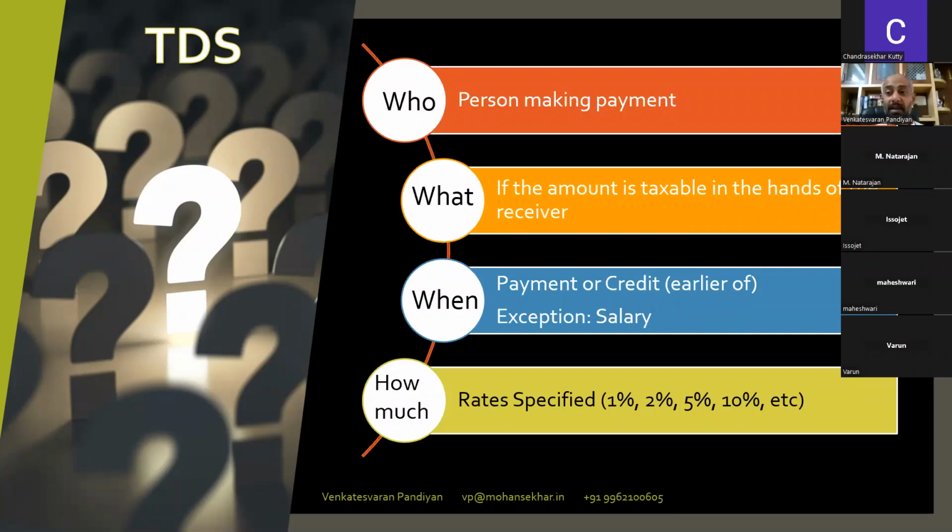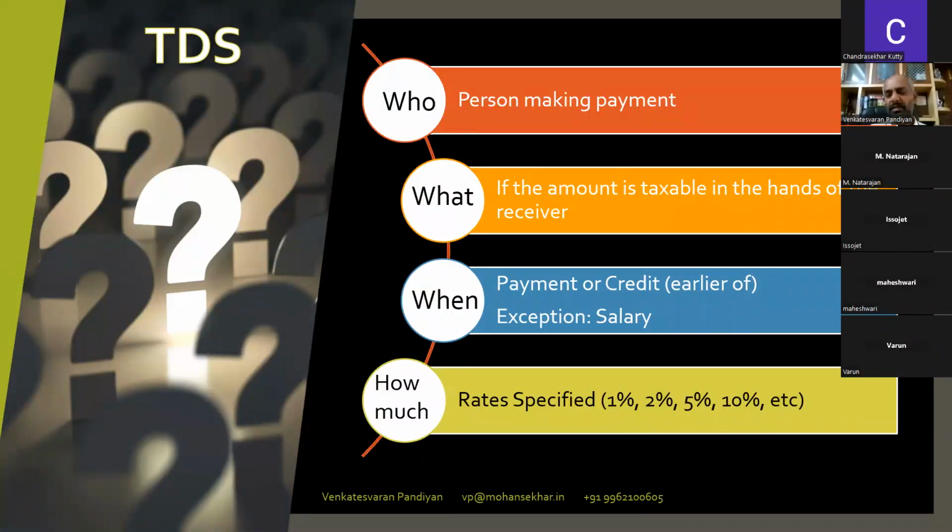Then it becomes a credit. Though I have not made a payment, I have made a credit in my books of account. The day the amount is credited in the books of account, I am liable to deduct tax at source. So TDS is always, unless specifically mentioned, payment or credit, whichever is earlier.